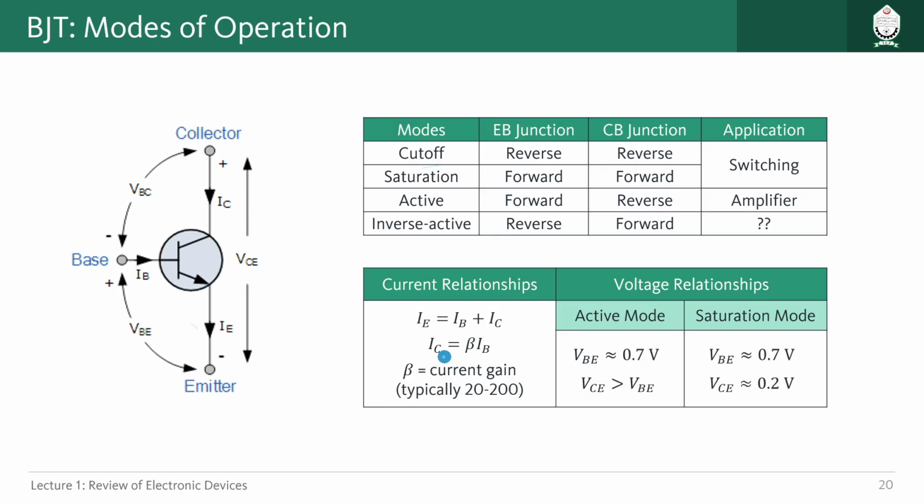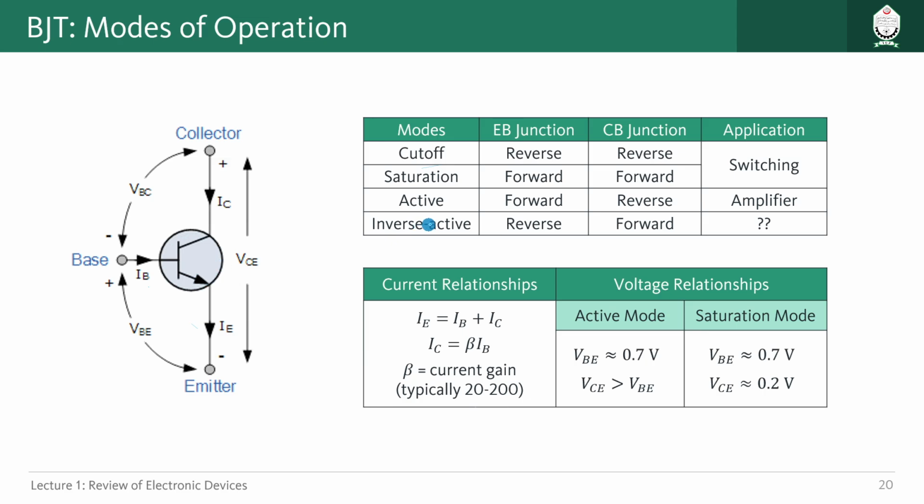IC is equal to beta IB, because the value of beta is typically around 20 to 200. That means whatever current you push here as IB will get amplified here as beta IB or IC, right? So this particular mode is used for amplification.